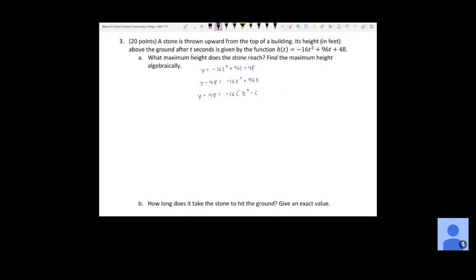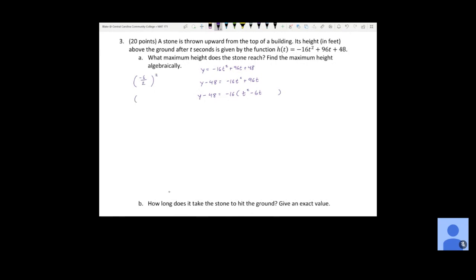Good, so it's going to be a negative 6t. All right, so now we need to complete the square. So what's our b value this time? Negative 6, good. So we got negative 6 divided by 2 squared.